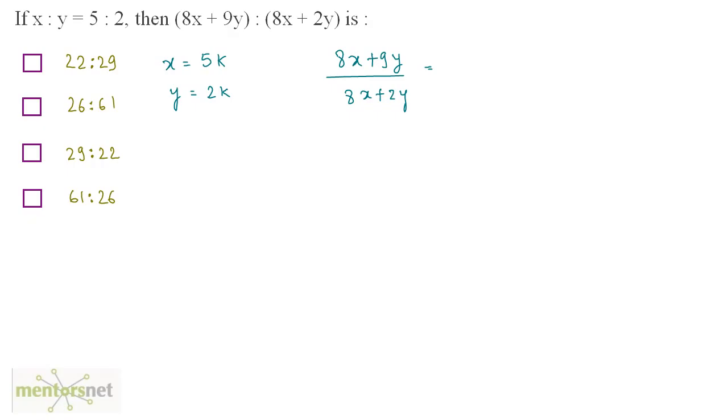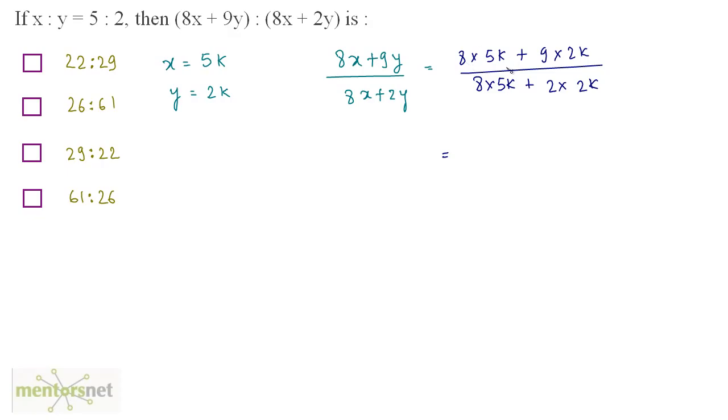So this is equal to, putting in the values of x and y, 8 times 5k plus 9 times 2k, which is the value of y, divided by 8 times 5k again plus 2 times 2k.